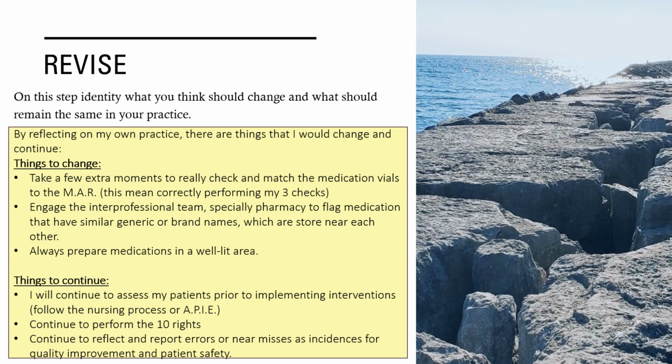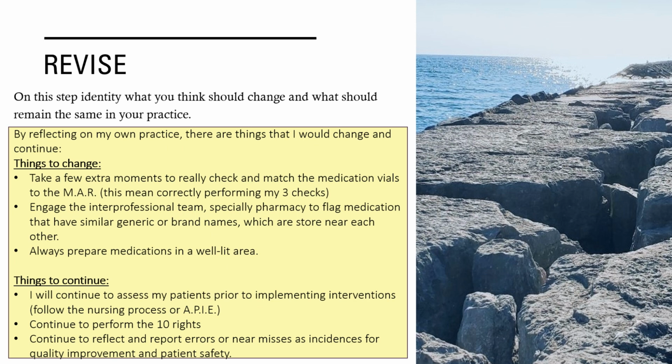And this means matching it to my MAR and checking the names carefully. I will also engage the interprofessional team, especially pharmacy, to ask them to flag medications that have very similar sounding names, especially if they are close to each other, so that more of a visual cue could be put in there.